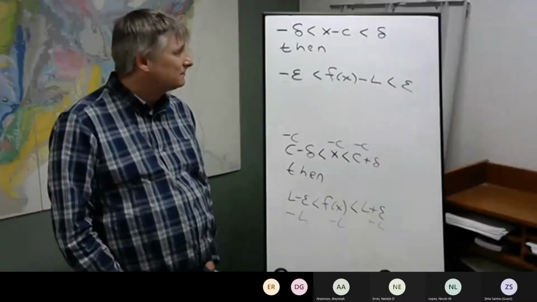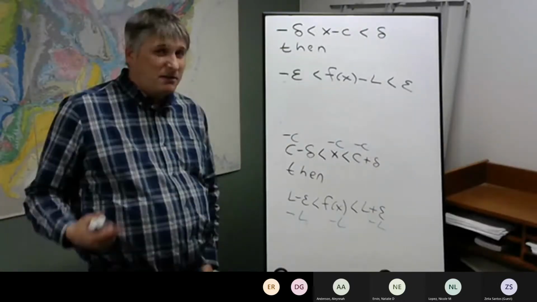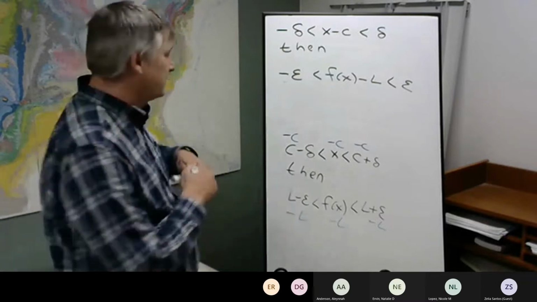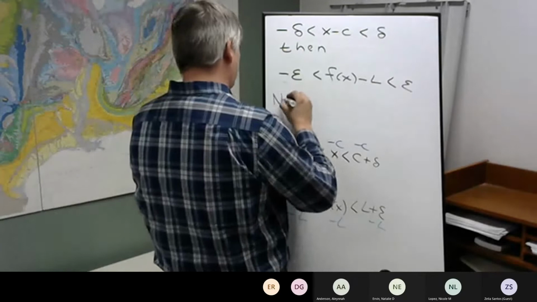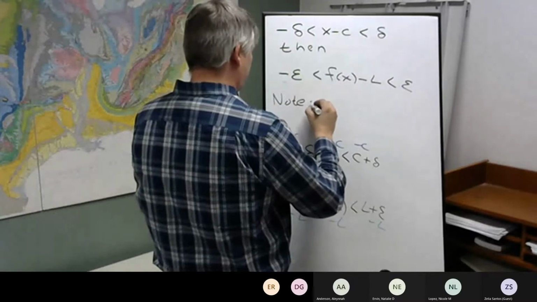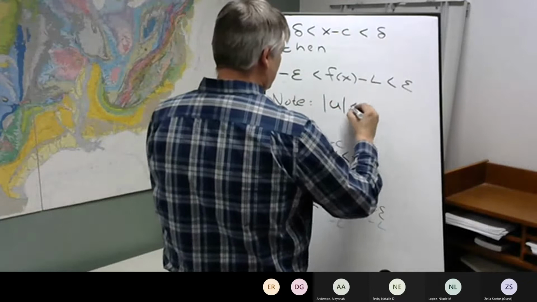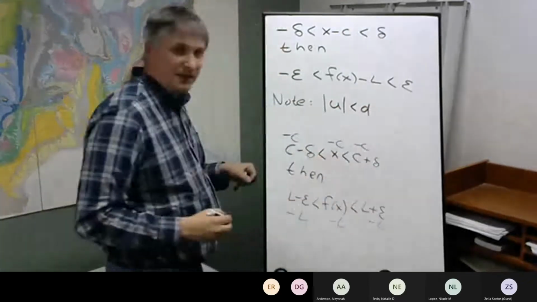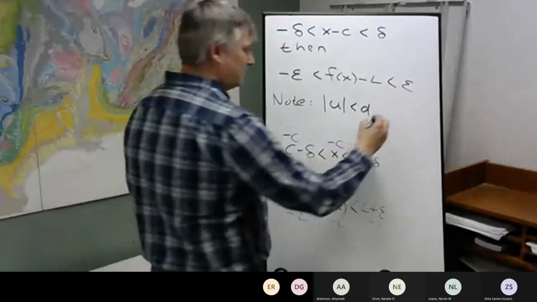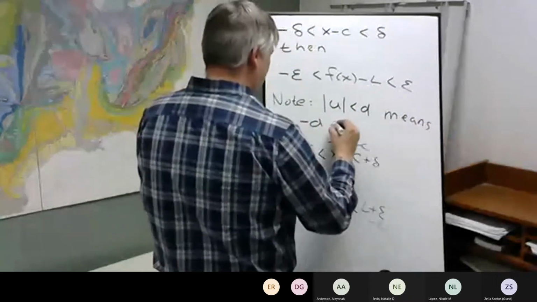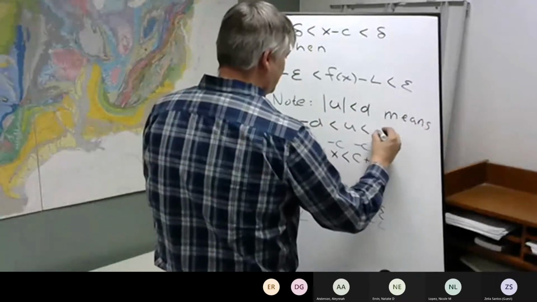Okay, fair enough. Now, it might have been a while since you've seen this, but this is an old trick from algebra. Note, the absolute value of u less than d means negative d less than u less than d.